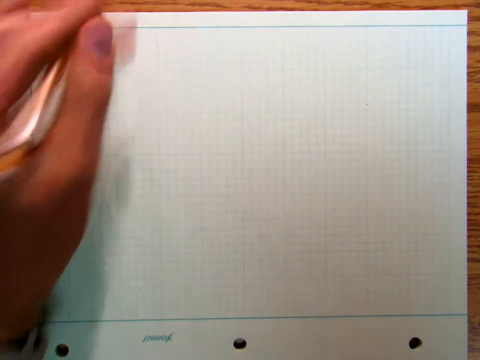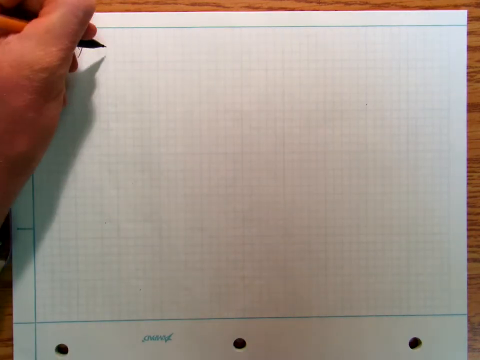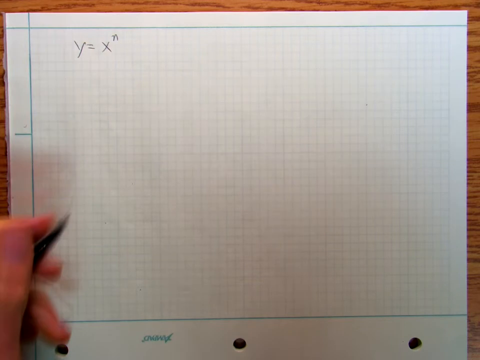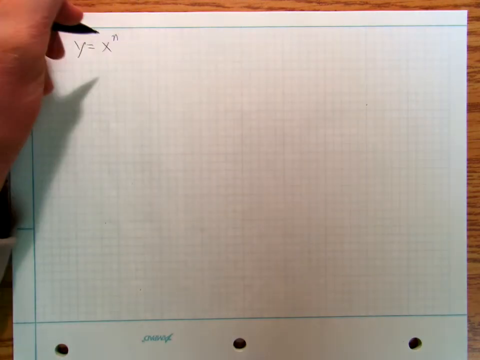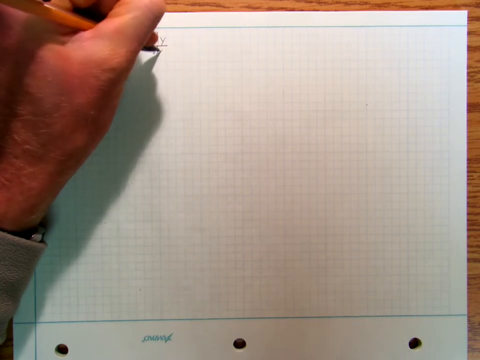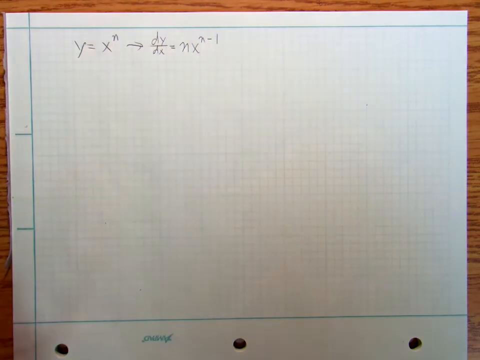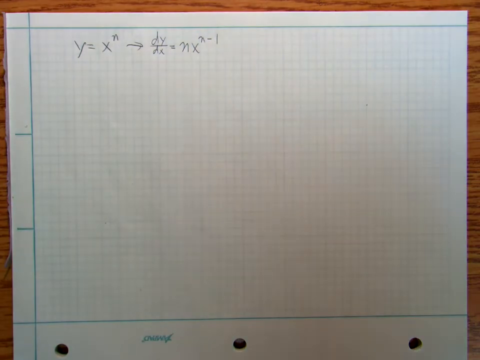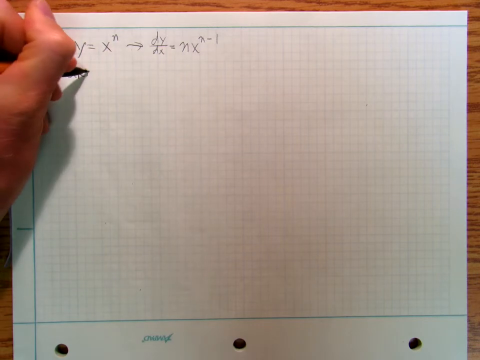Okay, now we're going to look at some of them in general. Say y equals x to the n. That gives me dy/dx equal to nx to the n minus 1. Let's look at that derivative procedure.